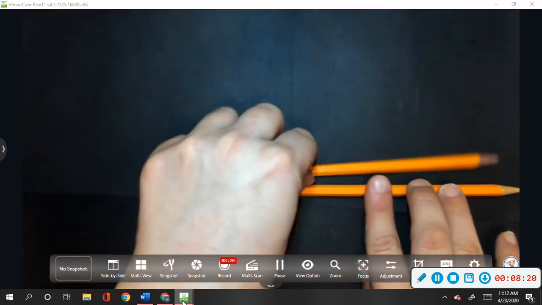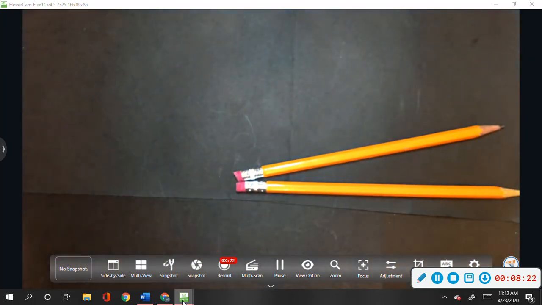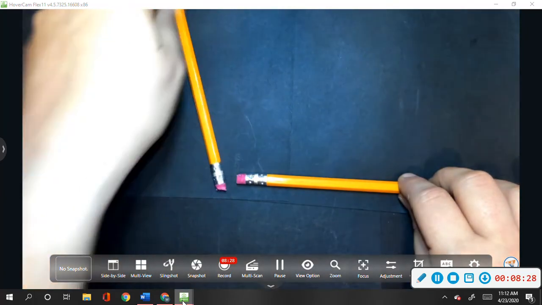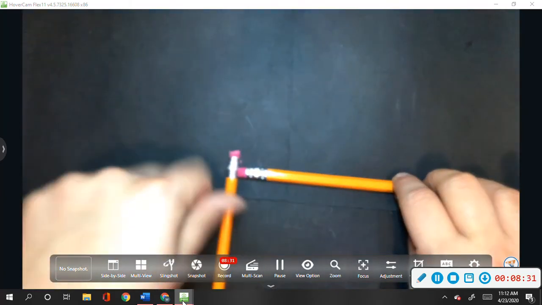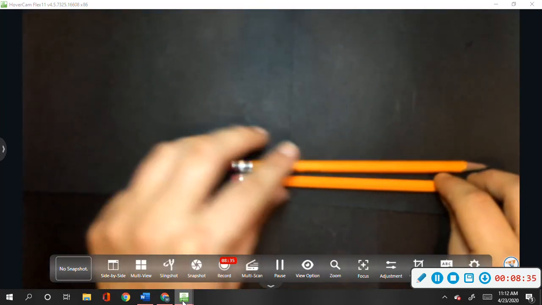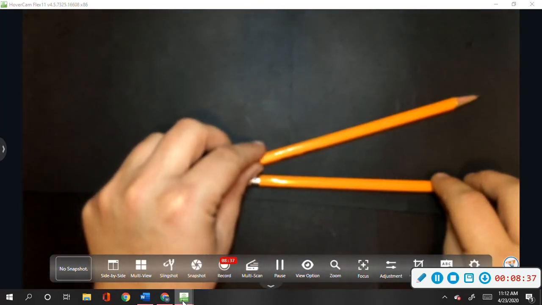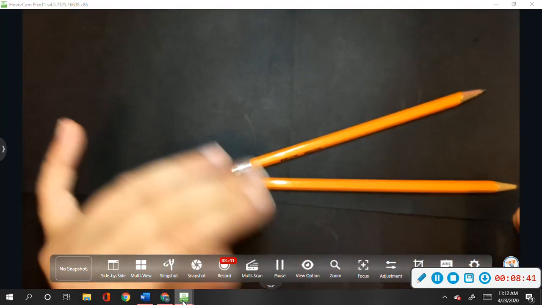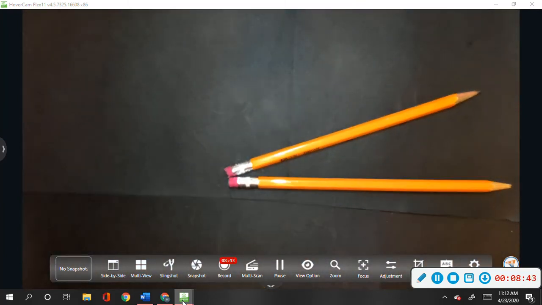So this would be probably about 7 degrees out of 360 degrees of the circle. Now if we took our pencils and we kept going, and we overlapped that ray, now we're more than 360 degrees. We've gone over. It's almost like when our fractions went over the whole number and we made an improper fraction. It's kind of like this.